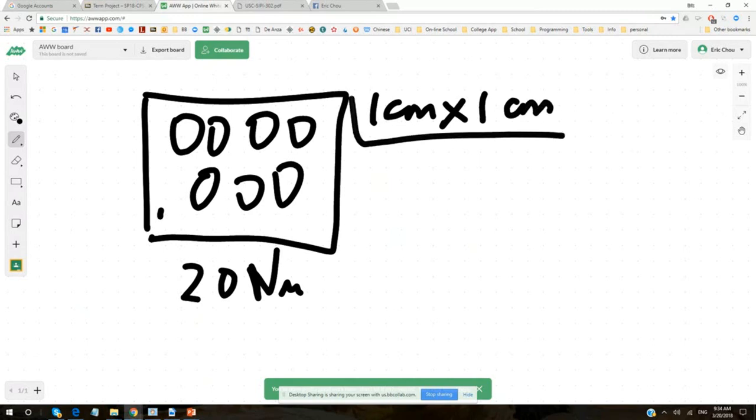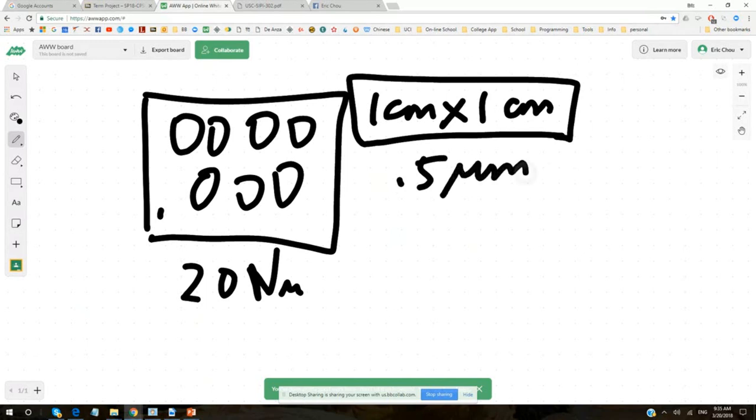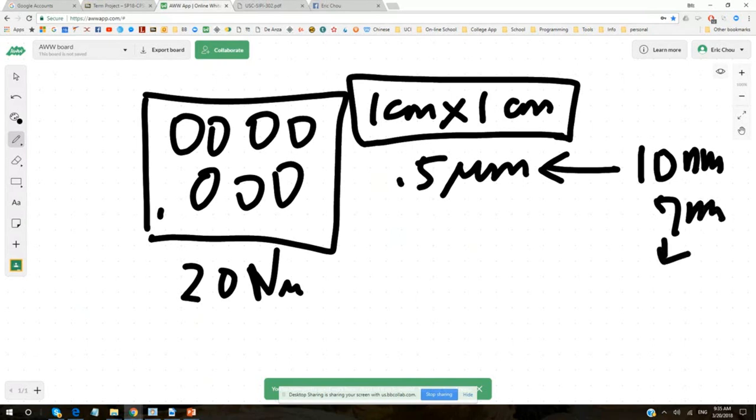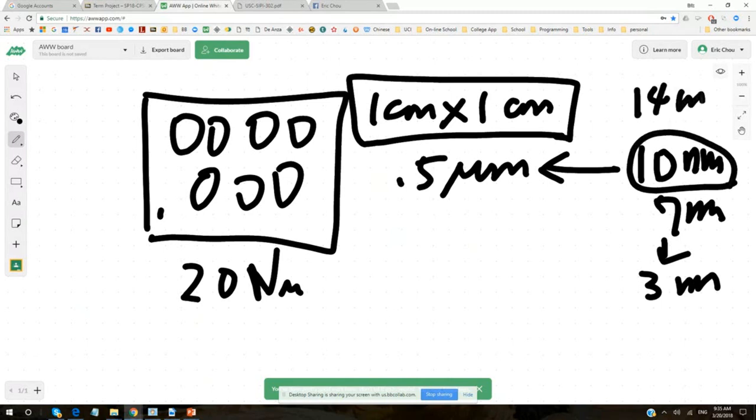That was a good size at that time, and we used 0.5 micron technology. But right now, ICs have already moved down to 10 nanometer technology, 7 nanometer technology, or will go to 3 nanometer. Currently 10 and 14 are in production.